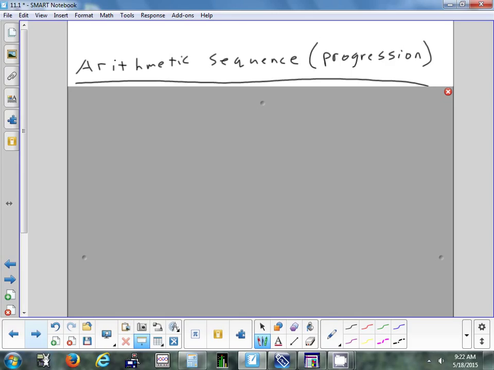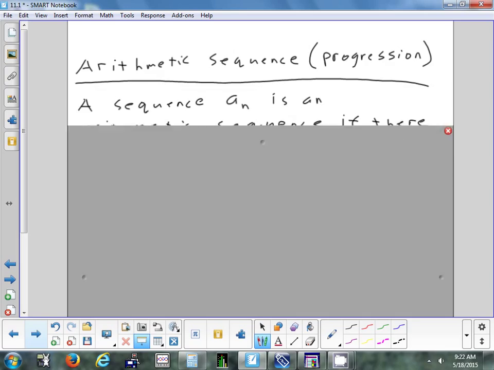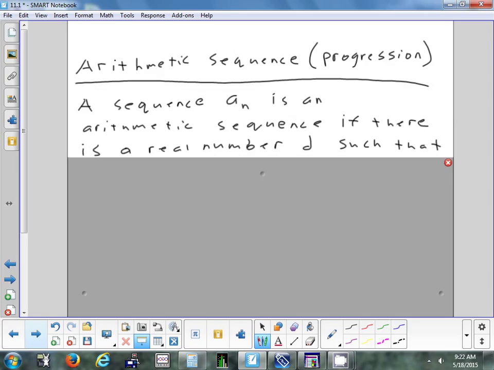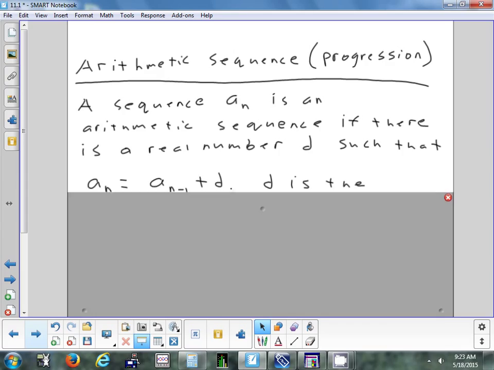All right, so the last two things I'm going to mention, I've already been mentioning them throughout class. Two types of sequences, or you can also call it a progression. The first one is an arithmetic sequence.